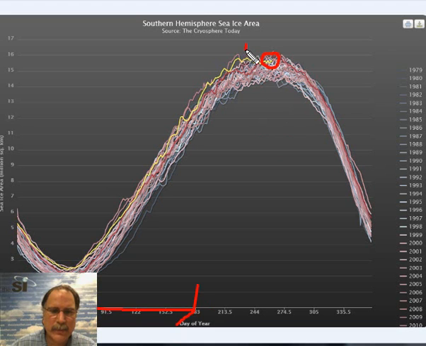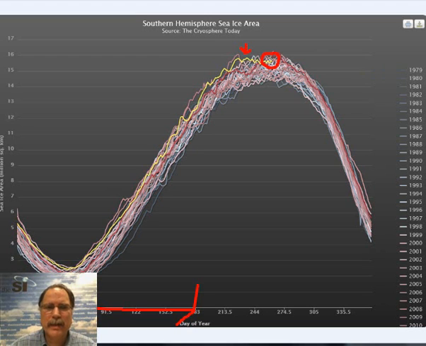On some days, like right on this particular day, for example, the yellow line was at the highest ever going back to 1979. In other words, record sea ice on that particular day. So again, the Southern Hemisphere sea ice aerial extent is well above normal and well above most years going back to the beginning of the satellite era observations.